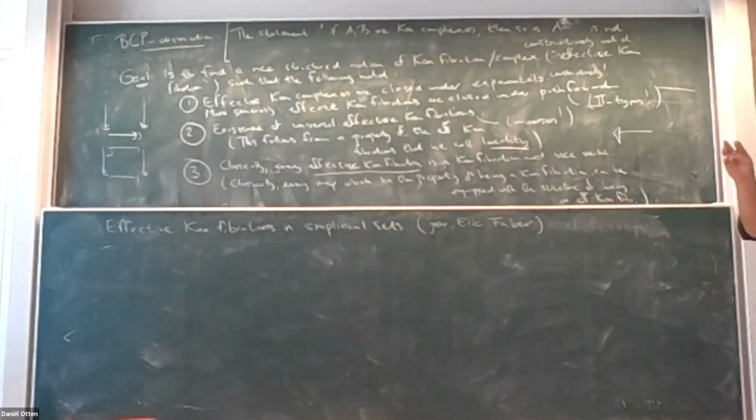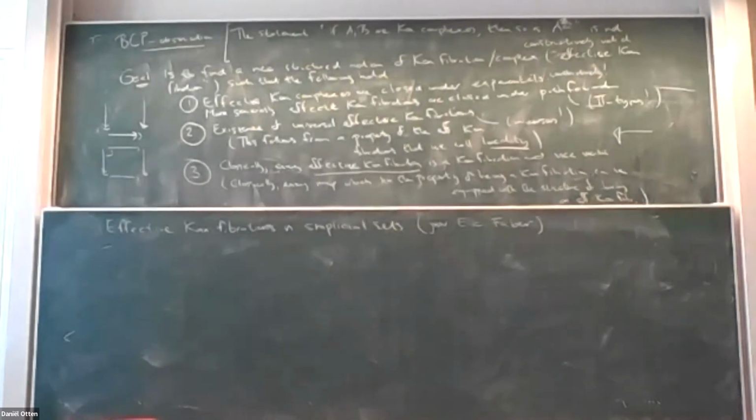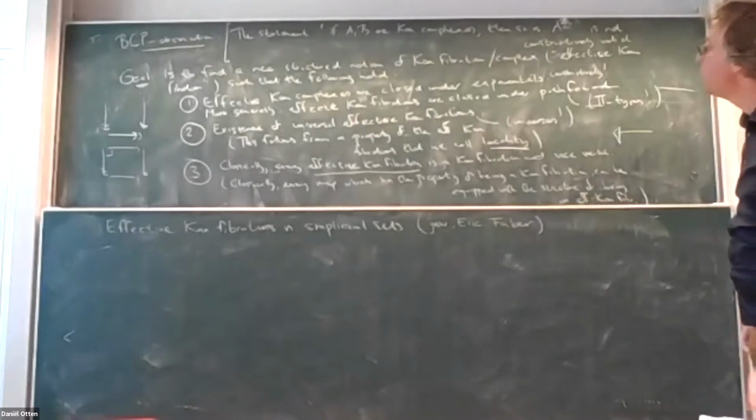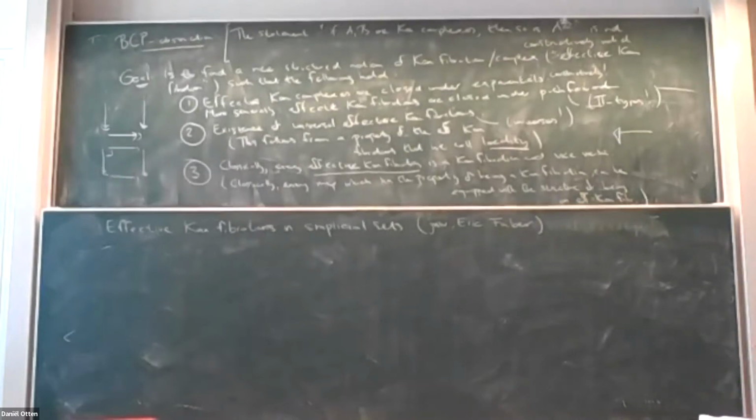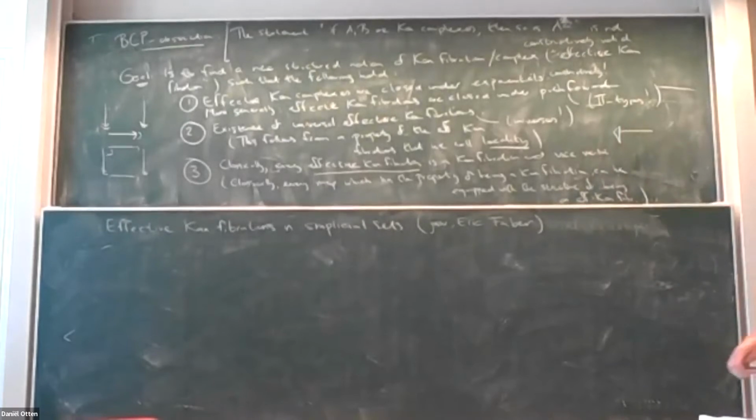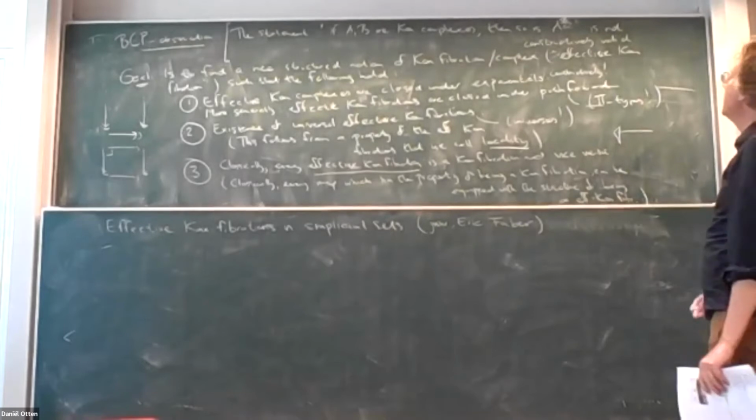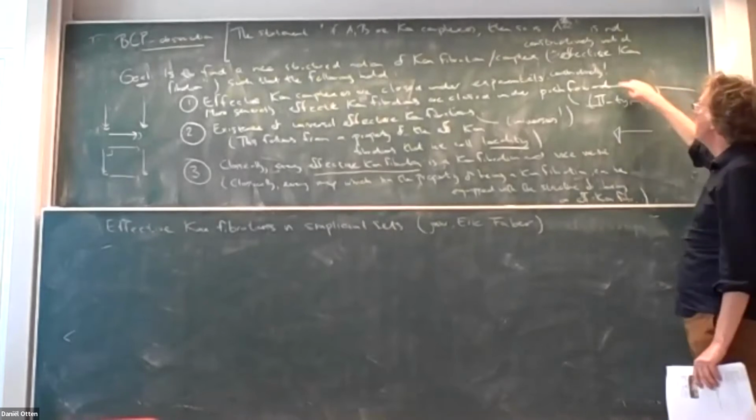For showing a particular property, it is most convenient to use a particular definition, and then we have a proof saying these definitions are equivalent. What I want to present to you is what I think is the most beautiful definition, and it is the one that we use to show property number 1.